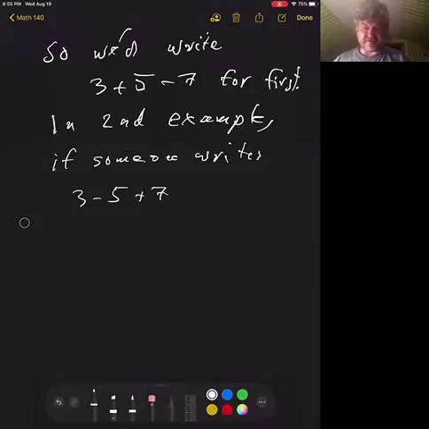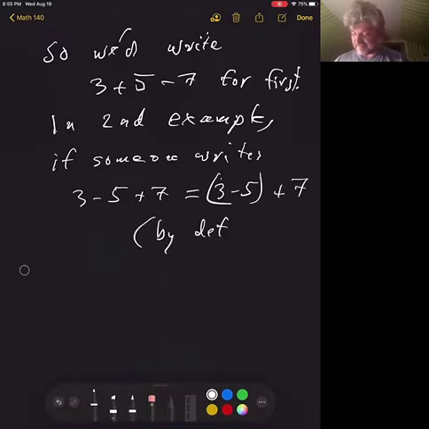We interpret this by default as do the operations in the order in which they're written. So you mean 3 minus 5 in parentheses, that means do that first, plus 7. By default.